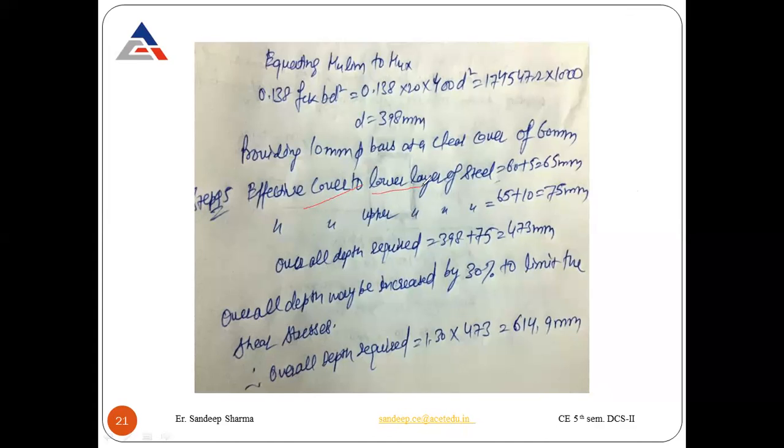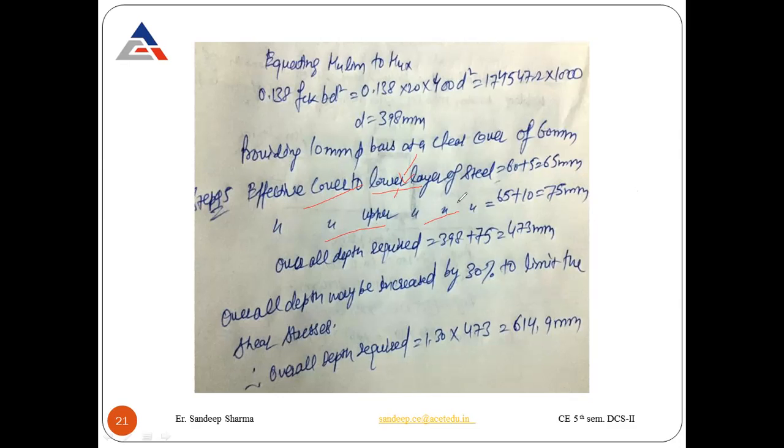The lower steel which we are providing along the shorter side is the main steel, and the upper steel which we are providing along the longer side is the distribution steel. Is that clear? Yes, sir.